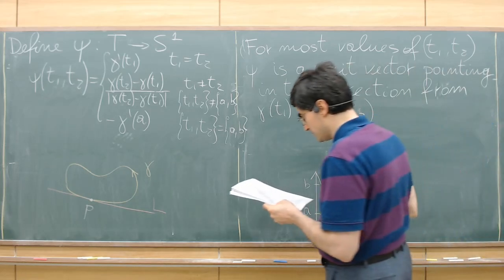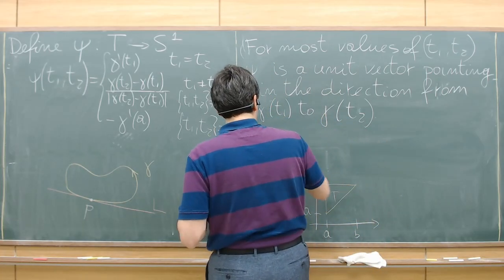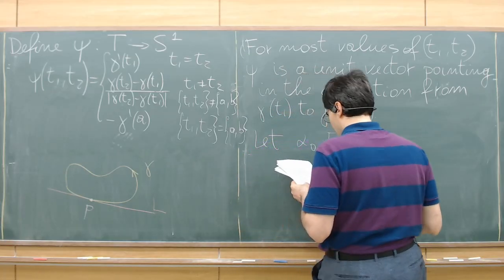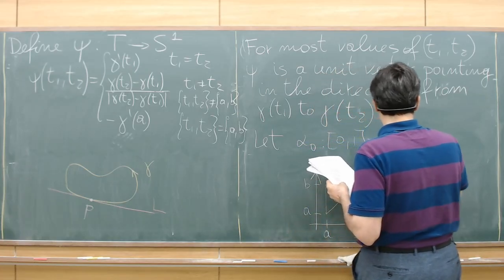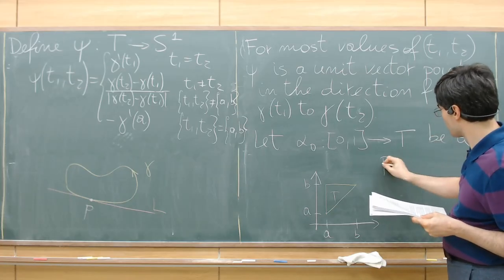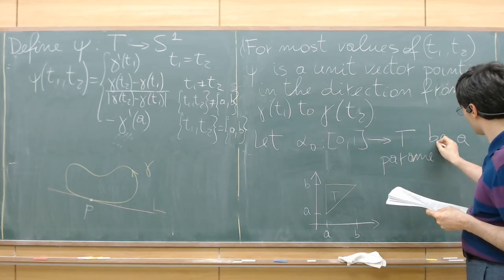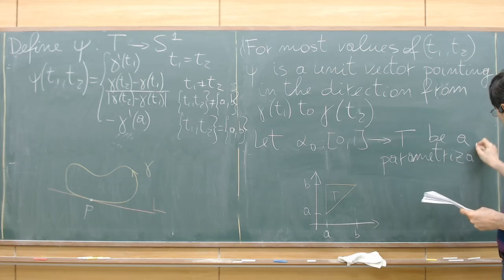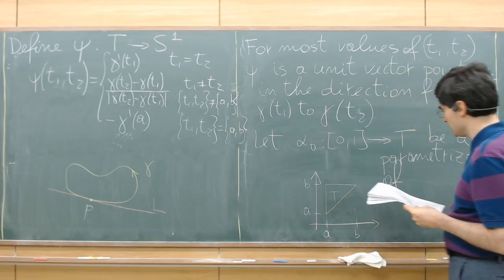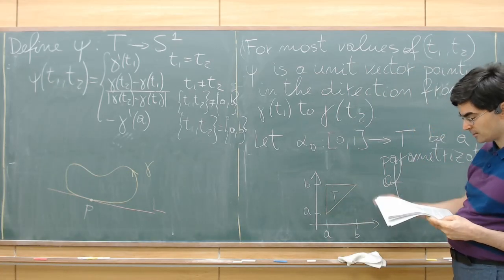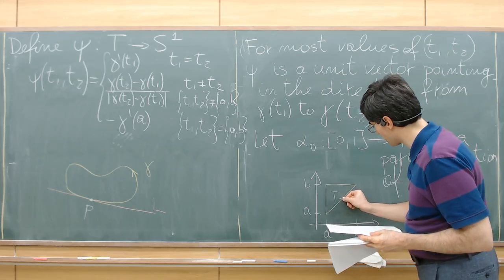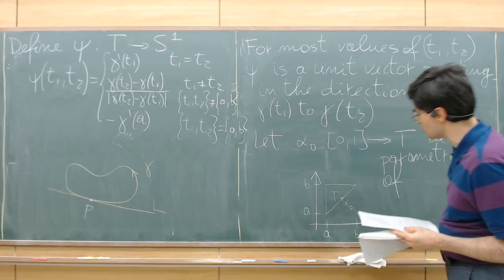Okay, now let's introduce alpha 0. This is the parameterization of one of the edges of this triangle, precisely this one.